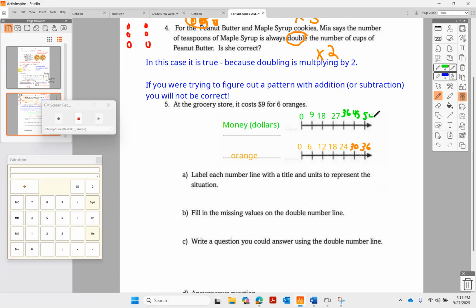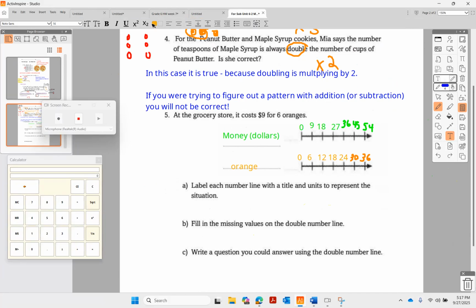Okay? Write a question you could use to answer the double number line. There's a number of questions we could do. Ooh, I like this mulberry color. How much would, let's go with, how much would 12 oranges cost?